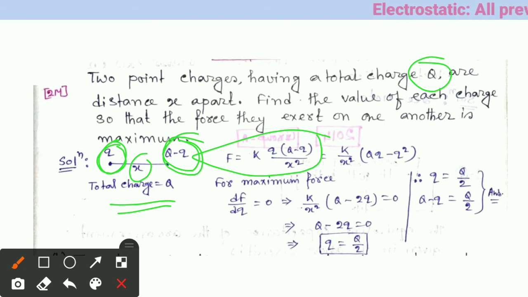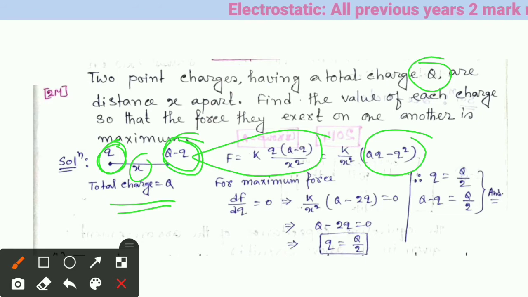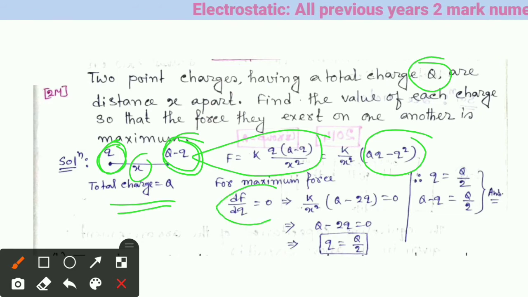Now F equals K by x square into (Qq minus q square), we can write. For maximum force, we know that dF by dq equals 0.